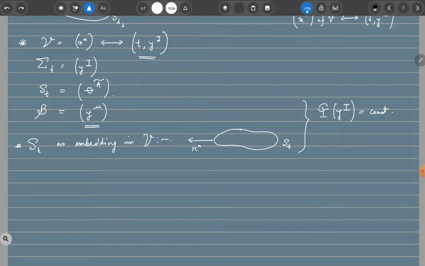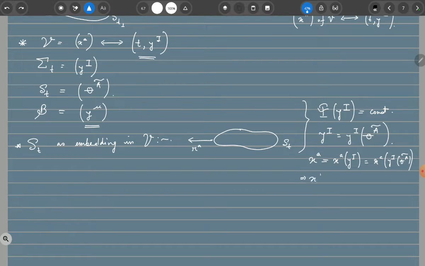Okay, so the parametric curves on S_t will be given by y^i as a function of theta^ã. And in the same way, this can be expanded to x^a being a function of y^i, which is a function of theta^ã.